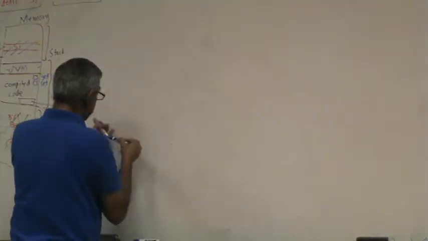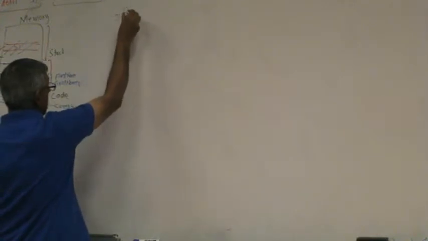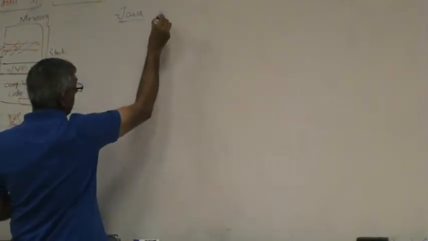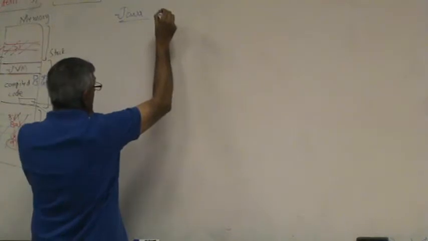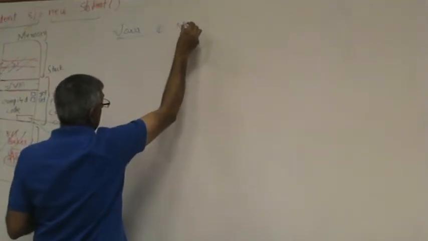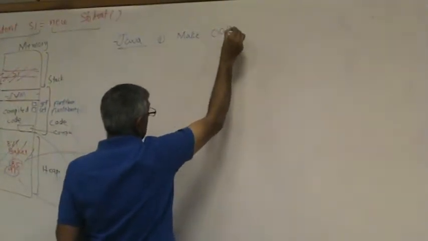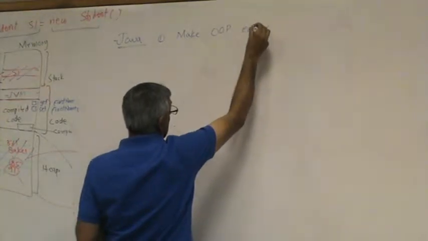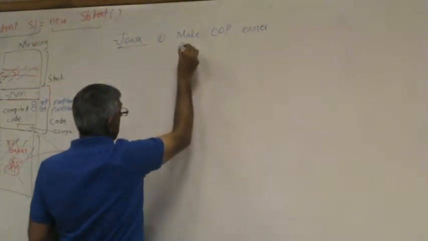Okay, see, when the Java language was created, it had 3 goals in mind. Make object-oriented programming easier than C++.